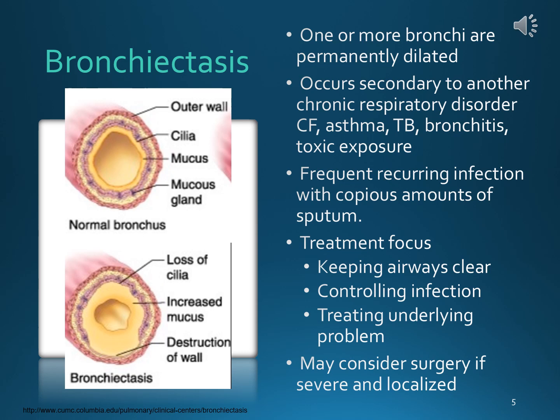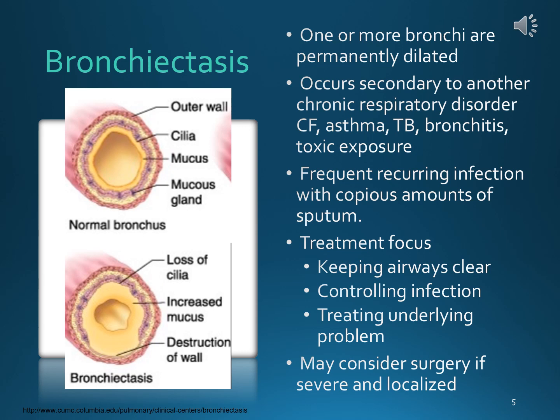The treatment focus is keeping the airways clear, controlling the infection, and sometimes they'll use azithromycin as a long-term prophylaxis to keep infections from occurring. Also treating the underlying problem.